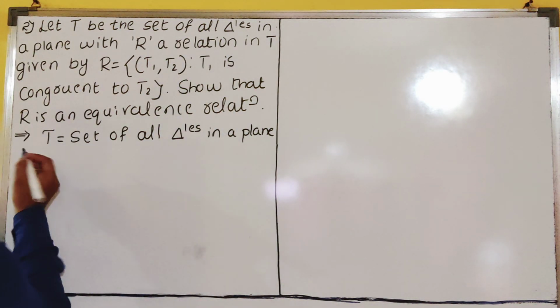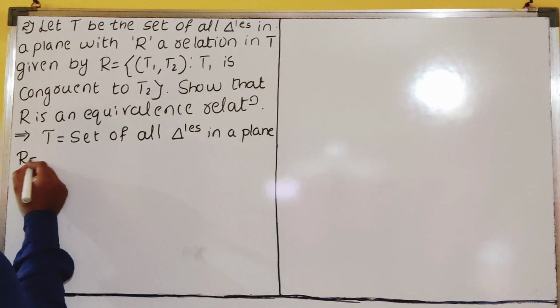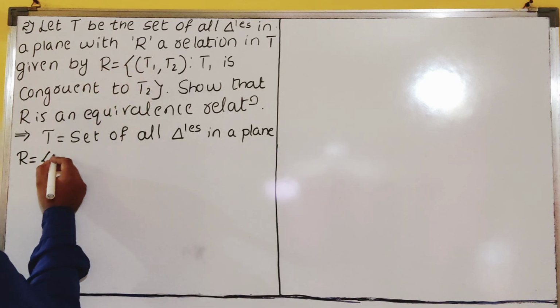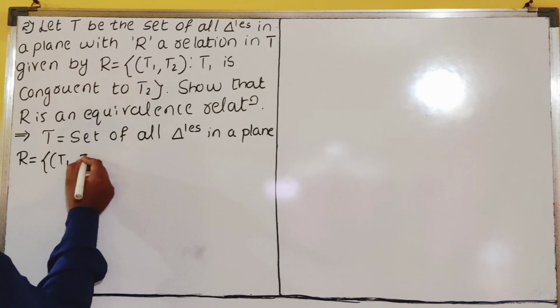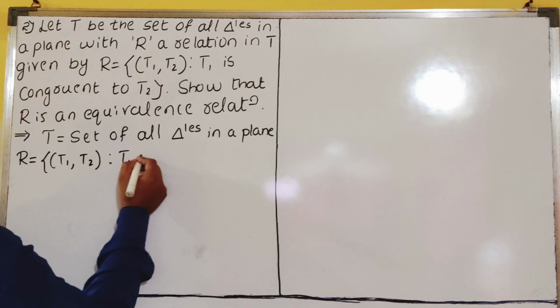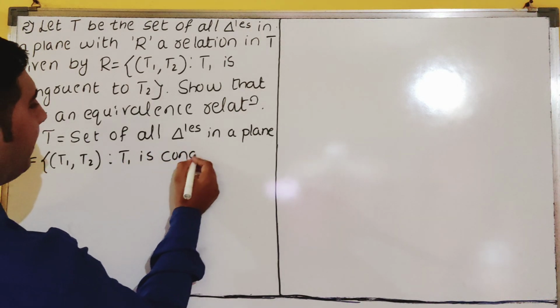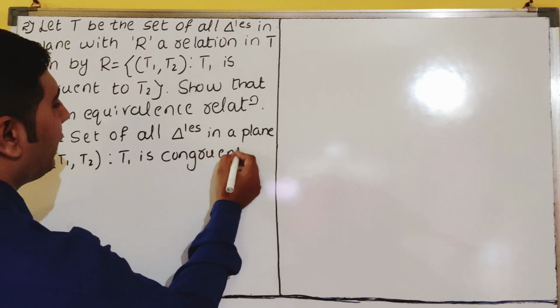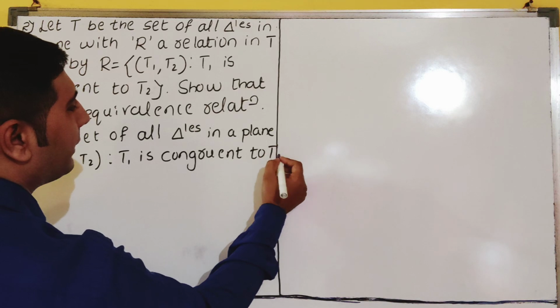So reflexive, everyone knows very well. Before writing reflexive, you write R. R is defined as (T1, T2) such that T1 is congruent to T2. Now reflexive you can easily write, as we discussed in the previous video.